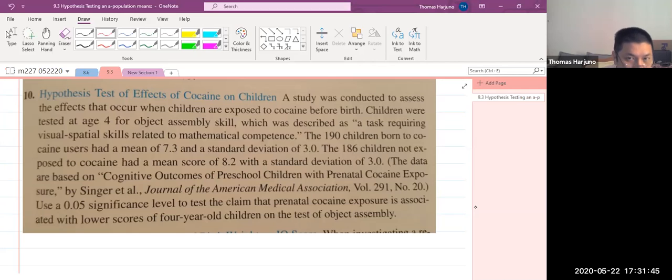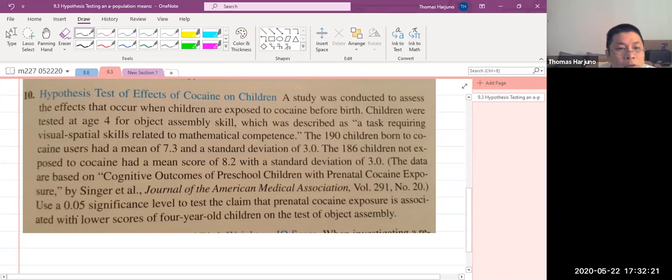What you need to do is to dissect and group the data, organize the data to be relevant to our use later on. Okay, so children were tested, to assess the effect that occurs when children are exposed to cocaine before birth. Children were tested at age 4 for object assembly skill, which was described as blah, blah, blah. Now, 190 children born to cocaine users.